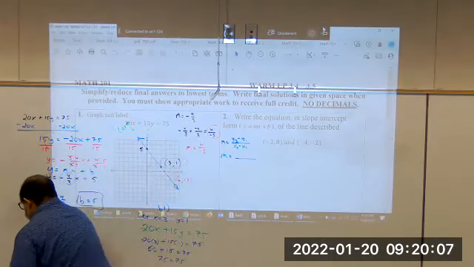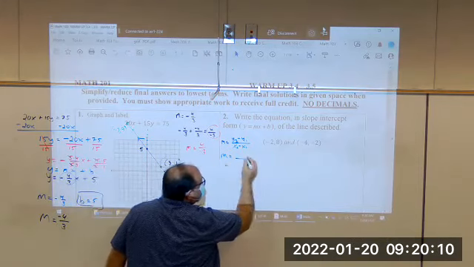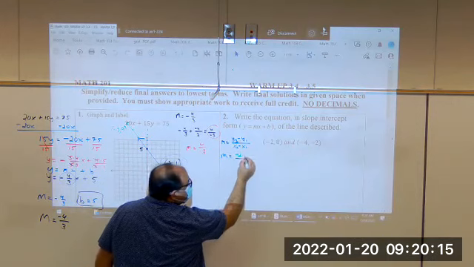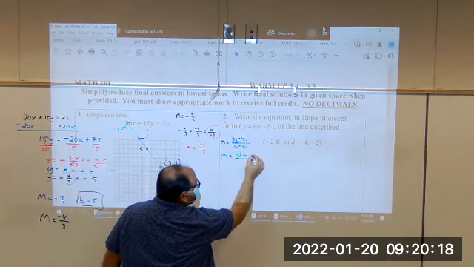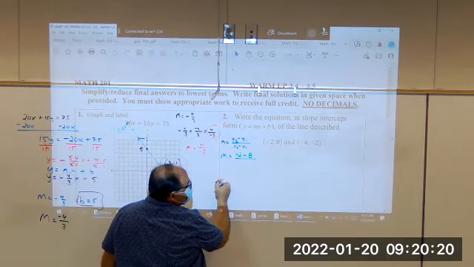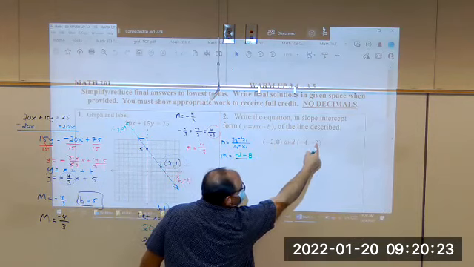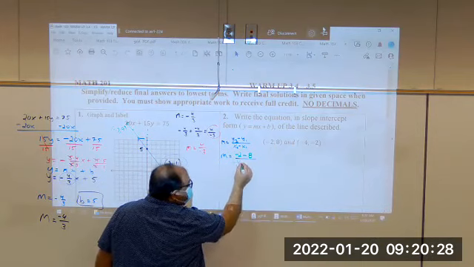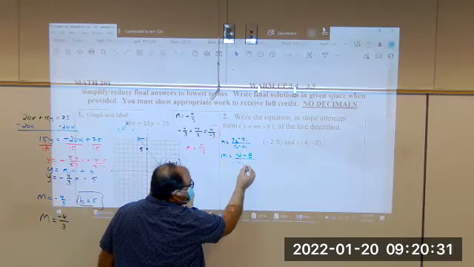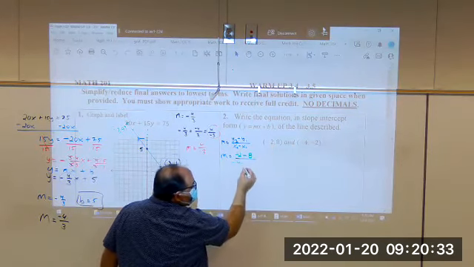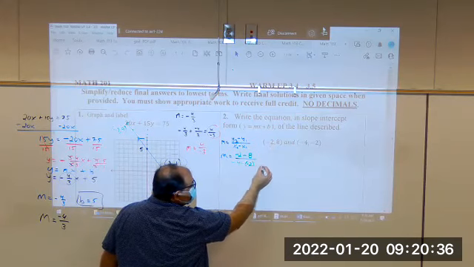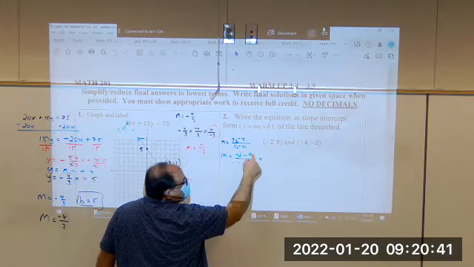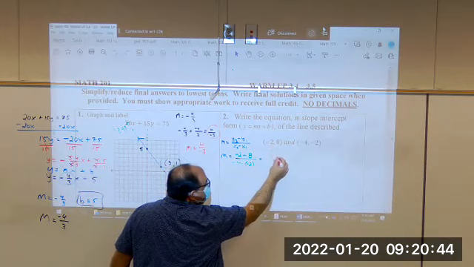The -2, okay. So we get this -2. And you have to be really careful about your minuses. You're going to subtract minus, that's a positive 8, so minus an 8. Over, since you started with this y in the numerator, you're going to start with this x down below. That -4, and then you're going to subtract minus, that's a -2, parentheses -2. In the numerator, -2 minus 8 is -10.